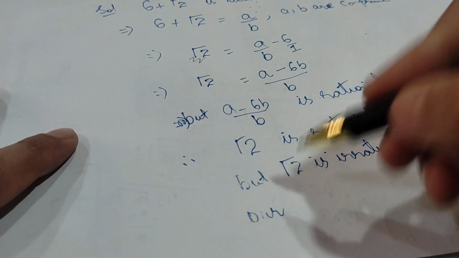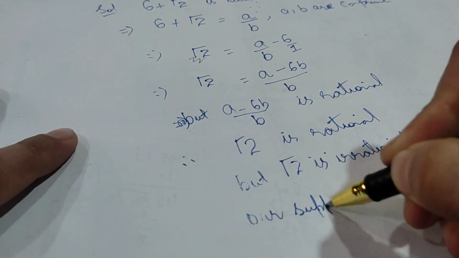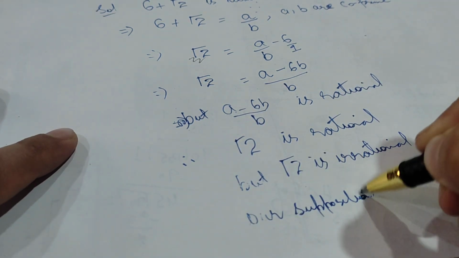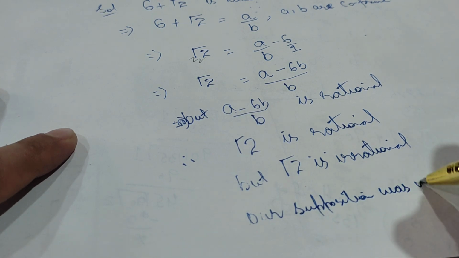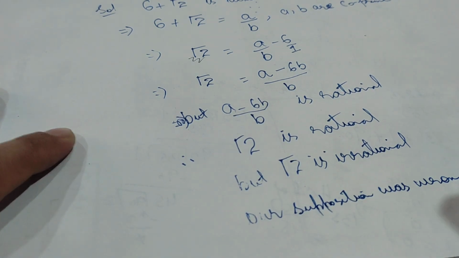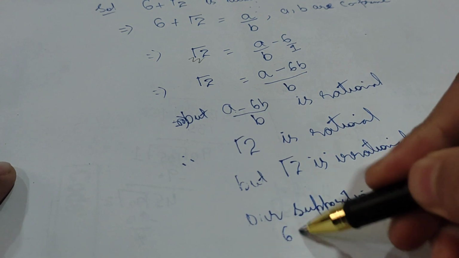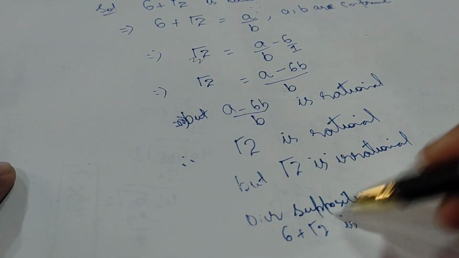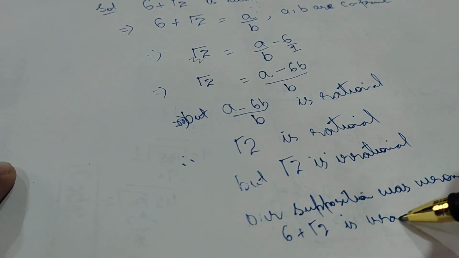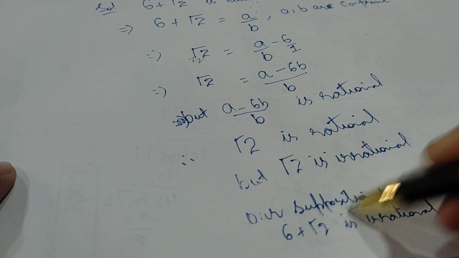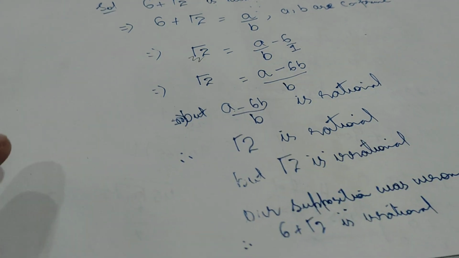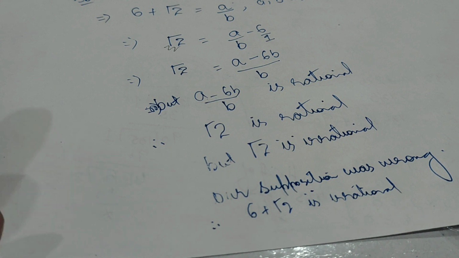So 6 plus under root 2 is irrational. Okay, so this is how we prove that 6 plus under root 2 is irrational.